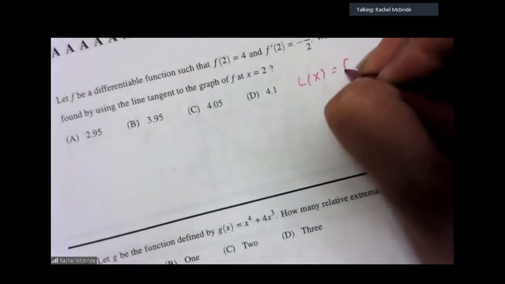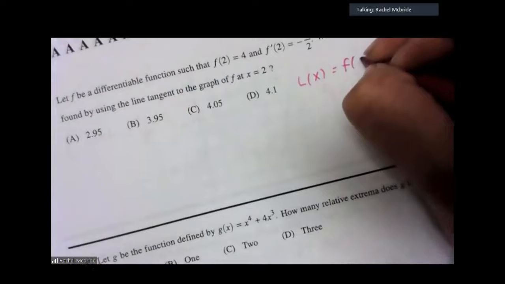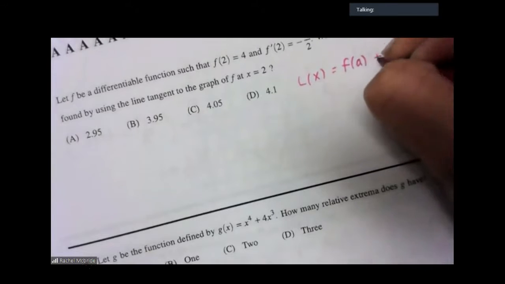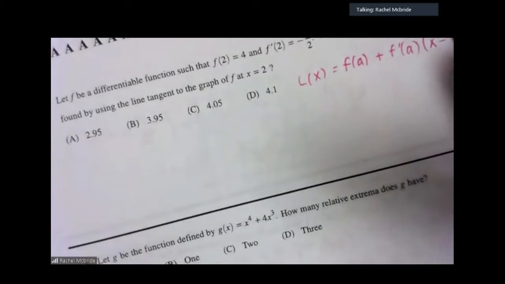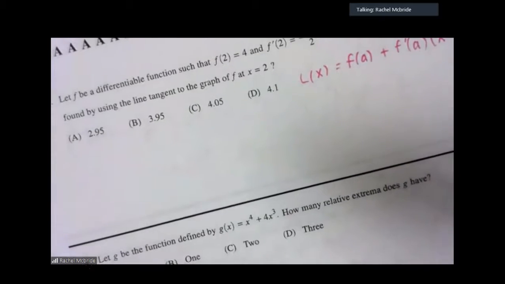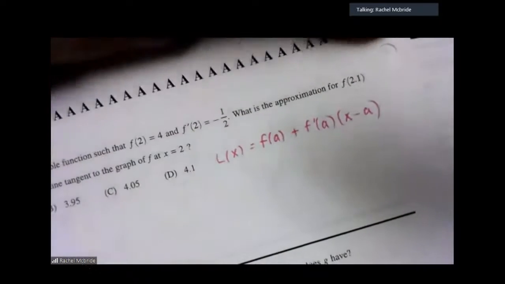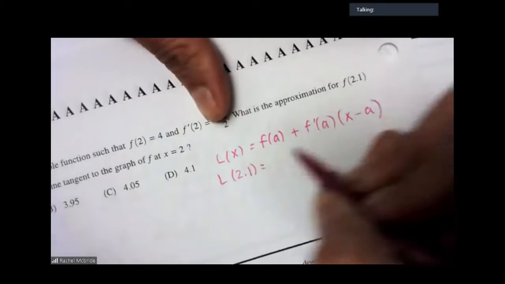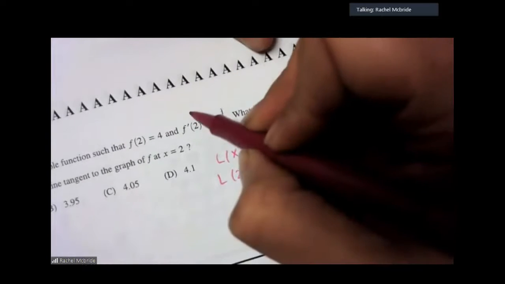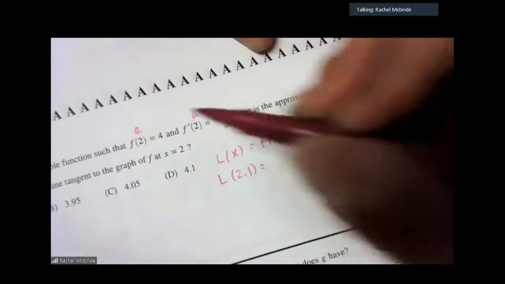Okay, linear approximation. Linear approximation says L of x equals f of a plus f prime a times x minus a. So in this case, we are trying to approximate 2.1. A is my original x, which is 2.